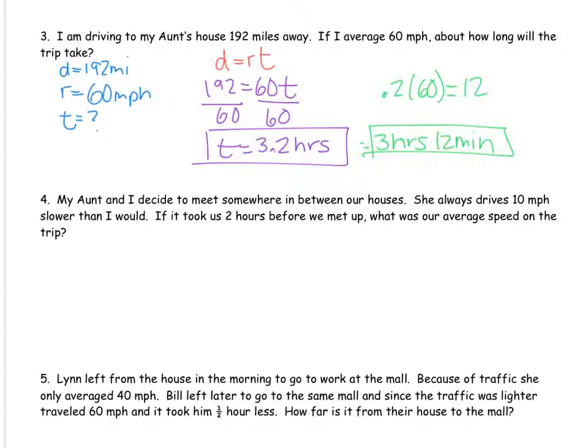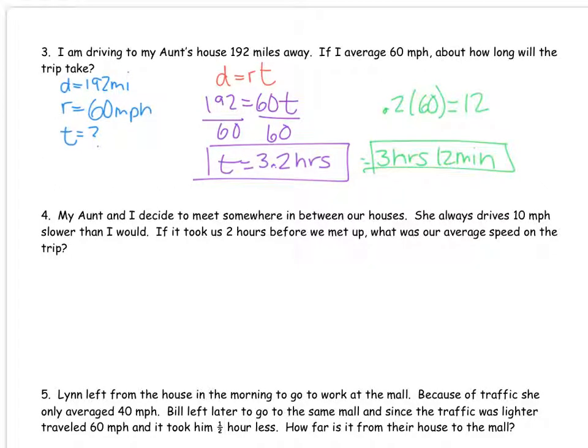Here's what we know. The distance between your house and your aunt's house is 192 miles. You're starting from one end, your aunt's starting from the other. So you're going opposite directions, but towards each other. Let's think about each person. So you've got you.